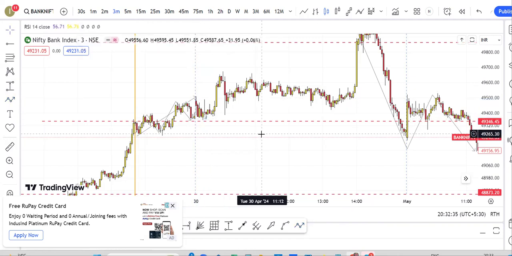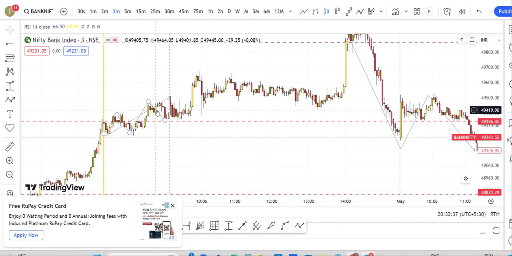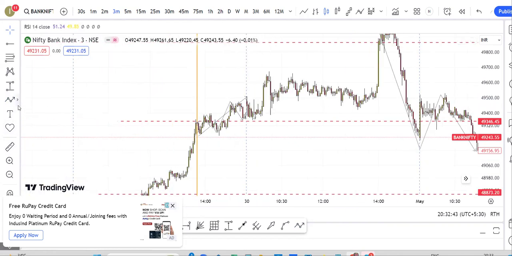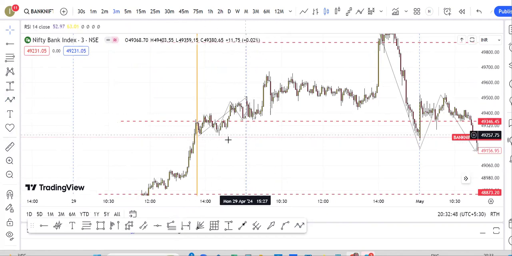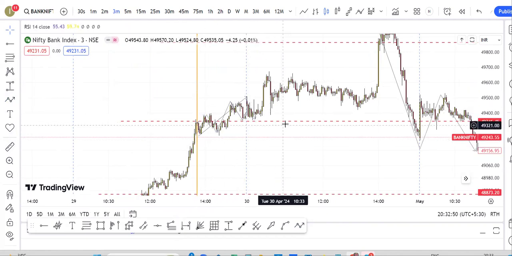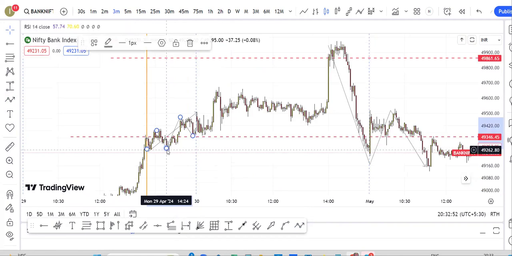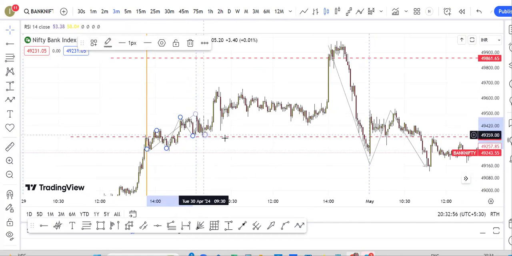It went down, but the trend is up. So you have to mark all the lines, all the trend structure. So from year to year, you are measuring the trend. So it is making a high, high, high.